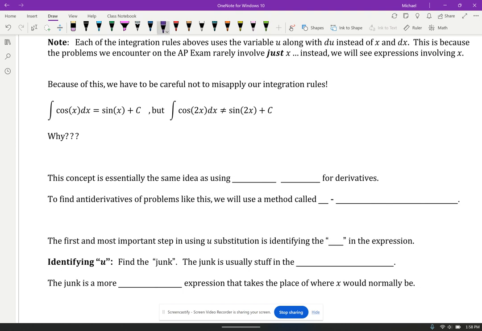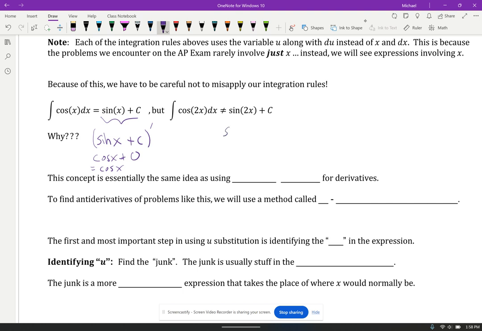Why doesn't that work? Well, if you take sine of x plus c and take the derivative, according to the sum rule, that would be the derivative of sine x, which is cosine x, plus the derivative of the constant, which is 0, and that is cosine x, right? So that gets us back to where we started.